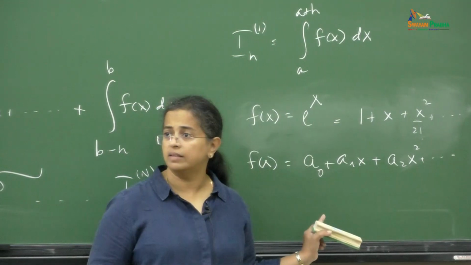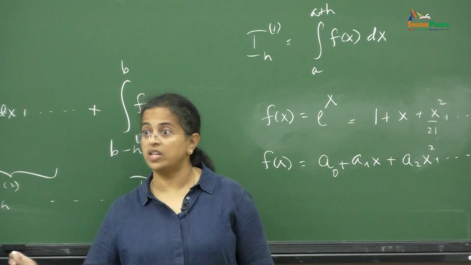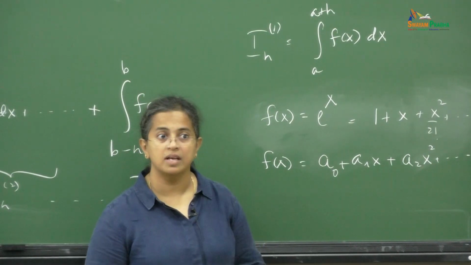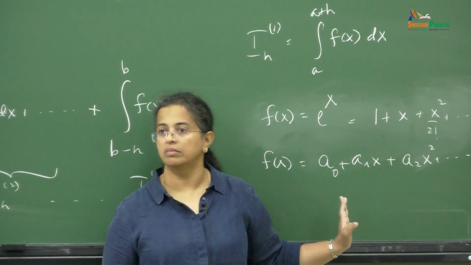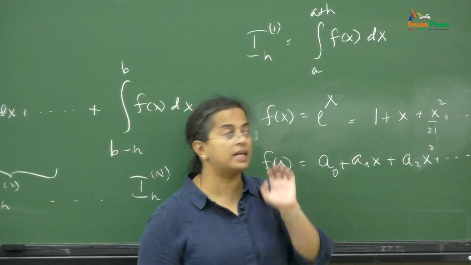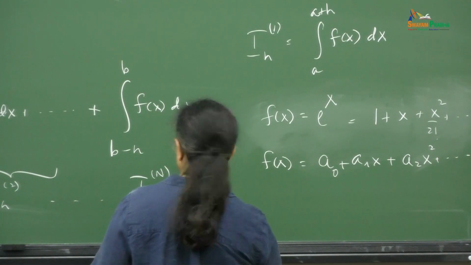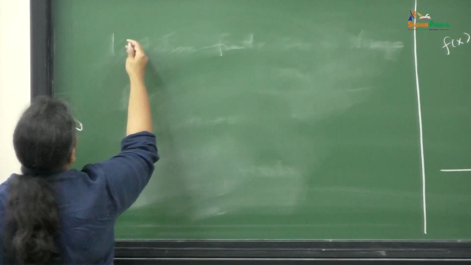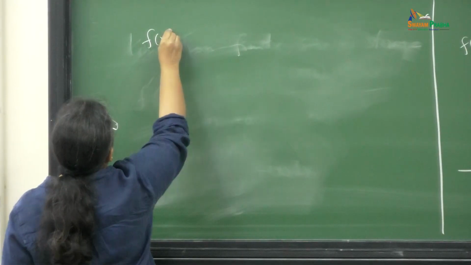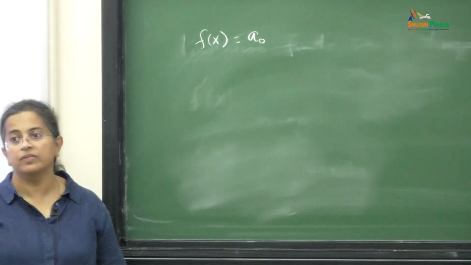Where I truncate will give me one integration rule. So let's do the simplest: leave all powers of x, take only a0. Let us do the first case, which is to take f of x as a0. This is perhaps the worst thing you can ever do.